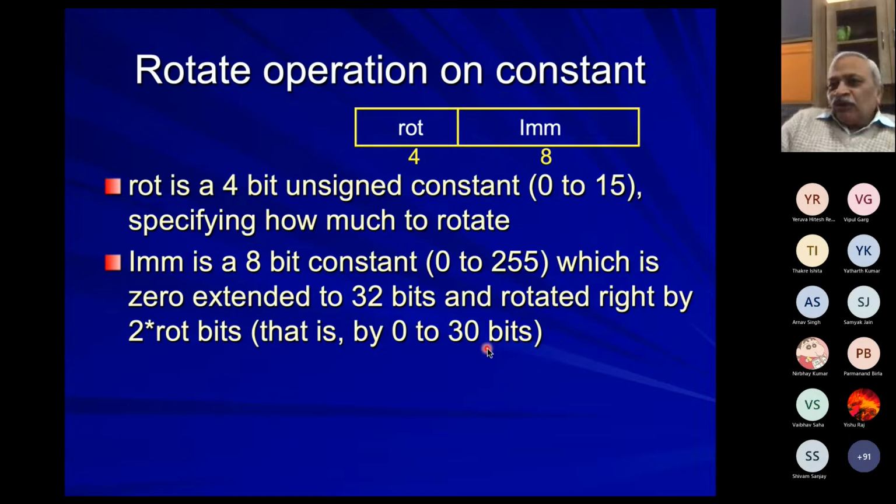One use of this you can see is that in absence of this rotation, you are limited to only specifying constants from 0 to 255, which is a fairly limited range. But this rotation makes it possible to specify larger constants.